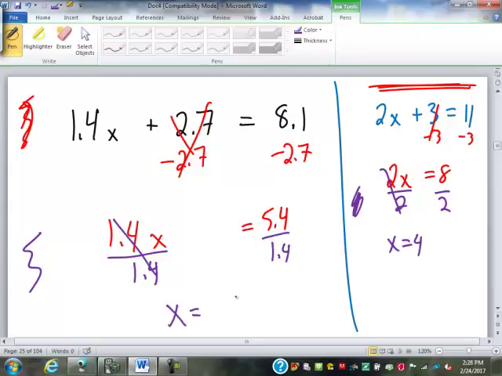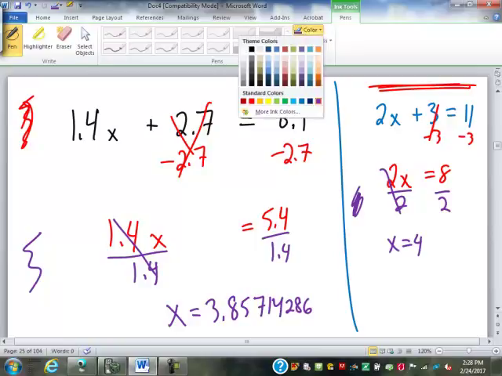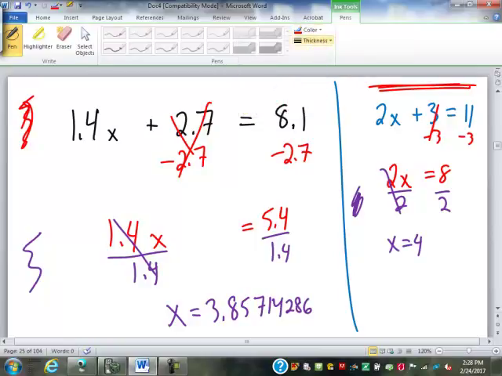So now x equals 5.4 divided by 1.4, which is going to be 3.85714286 approximately. Now here's the question. See if you remember back. Where should I round this off?